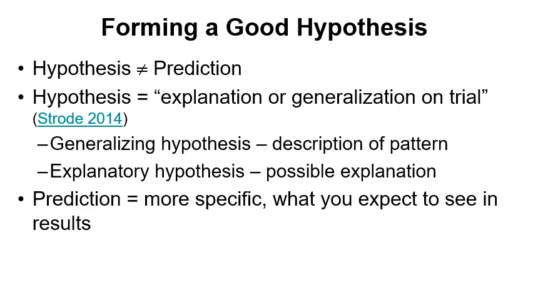And it can be tricky. A lot of practicing scientists get this wrong too, and a lot of people tend to think that prediction and hypothesis are the same thing. So after doing the reading and after thinking about it and trying to write your own hypothesis, if you're still confused about how to write a good hypothesis, please feel free to ask for some feedback and help on that.